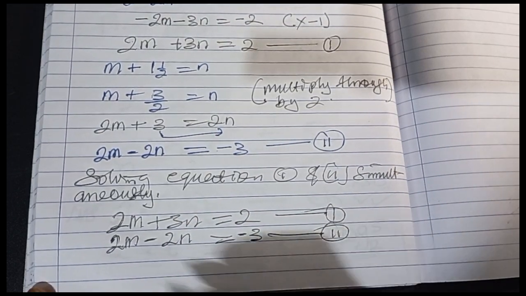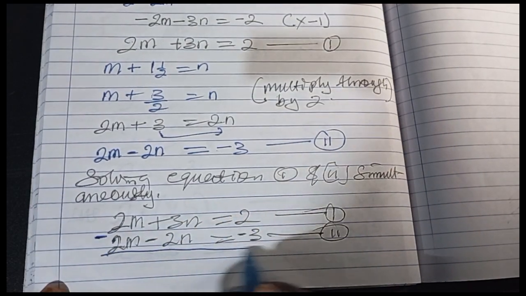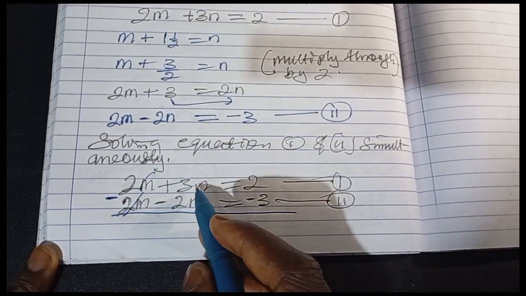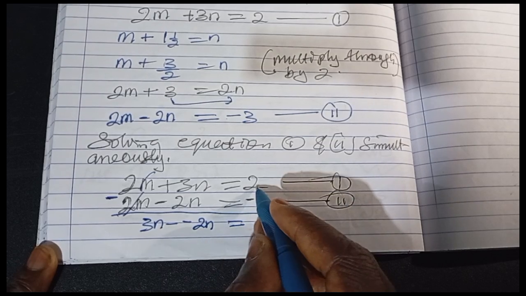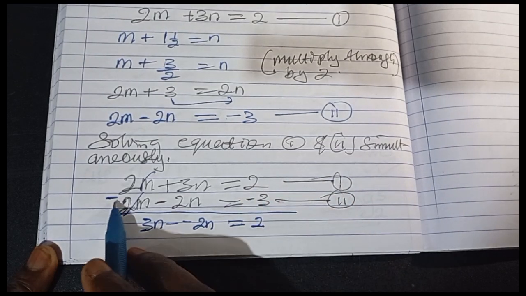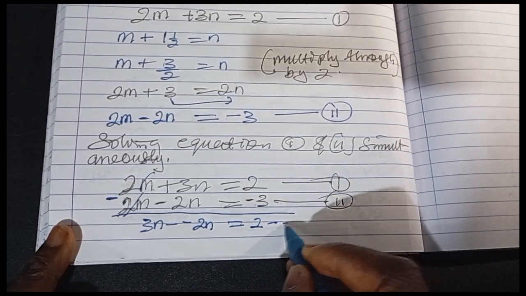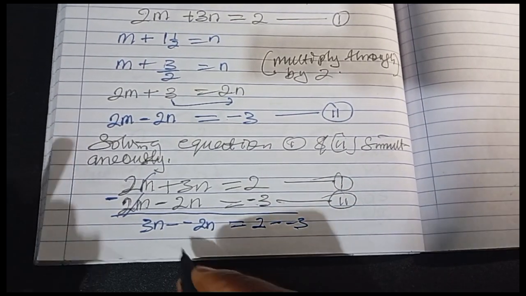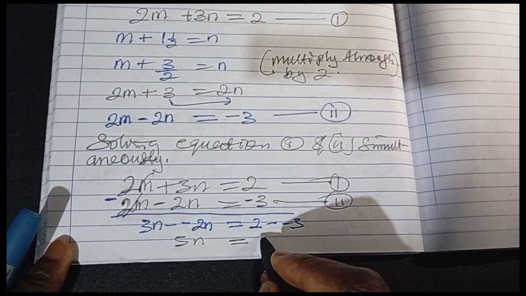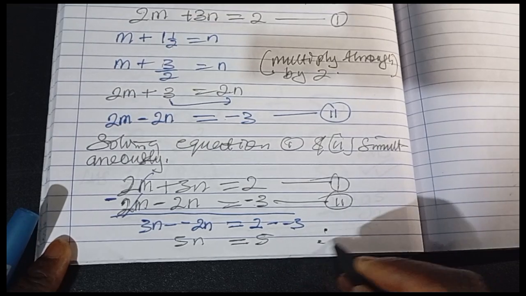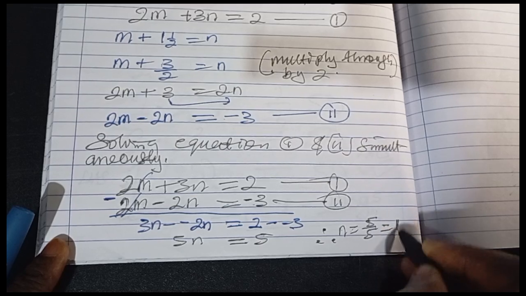This is equation 2. Now, if we put minus sign here, we can eliminate m. So this can go. Here now we have 3n minus minus 2n is equals to 2 minus minus 3. So we can have here 5n is equal to 5. Therefore, n is 5 over 5, which is equals to 1.